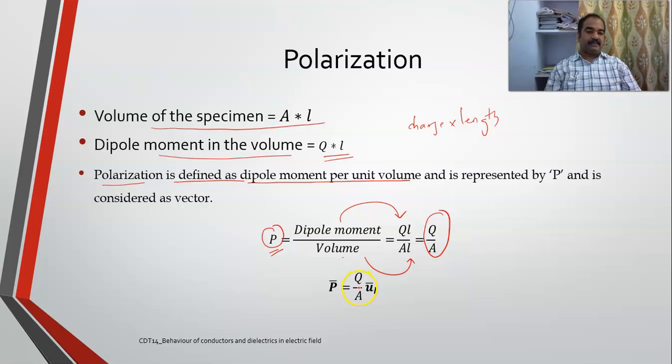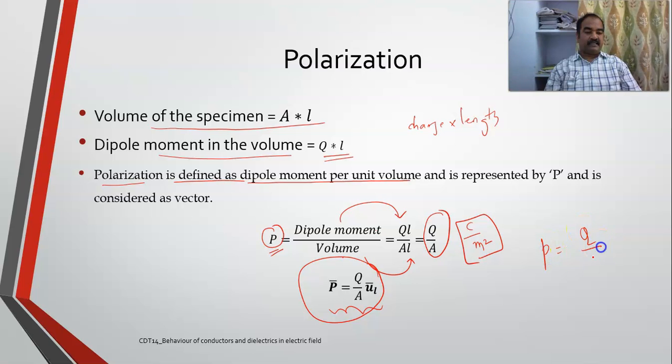The unit of polarization is coulombs per meter square. Polarization is basically a vector, so that's why I have mentioned it here as a vector. If you consider it as a scalar, this is the expression; since it is a vector, I'll take this expression.